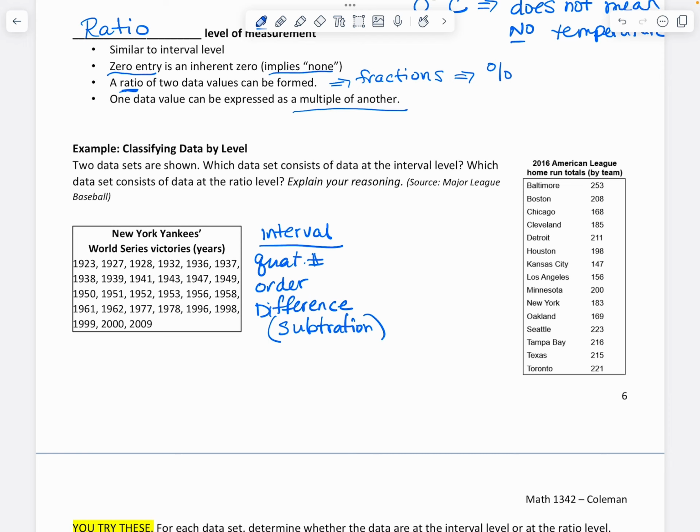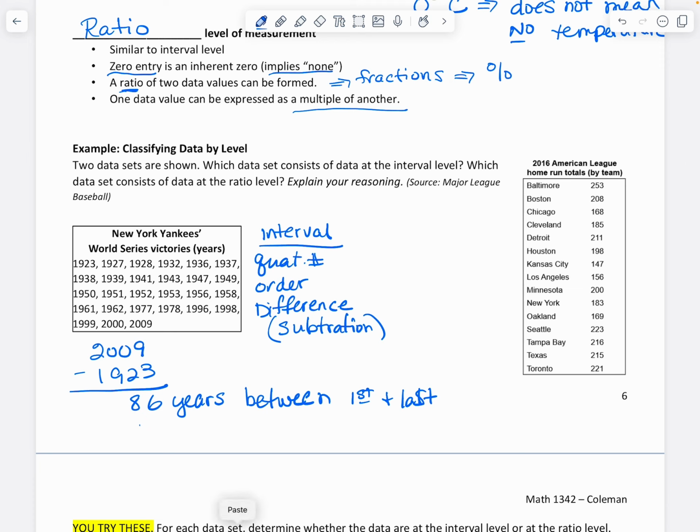So in this case, if I were to take 2009 and subtract the 1923, that tells me that I have 86 years between their first win and their last win. So there's 86 years between the first and last World Series victory.